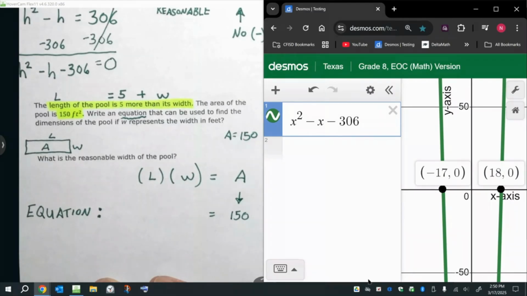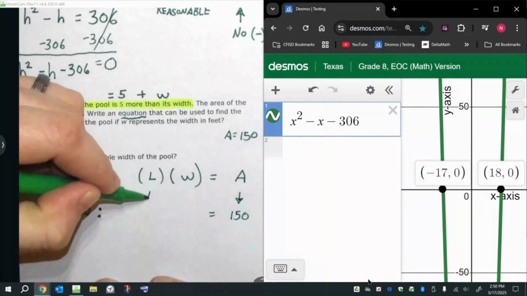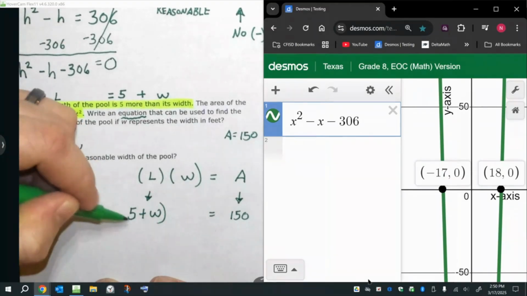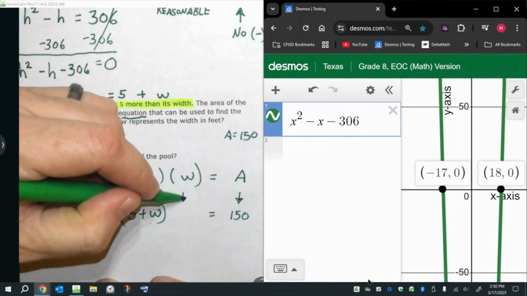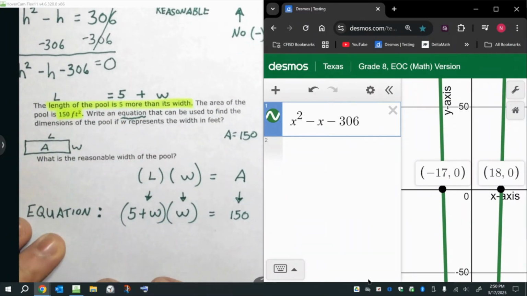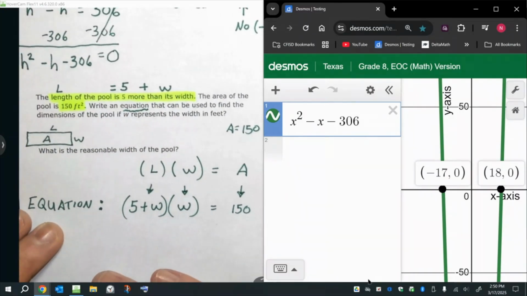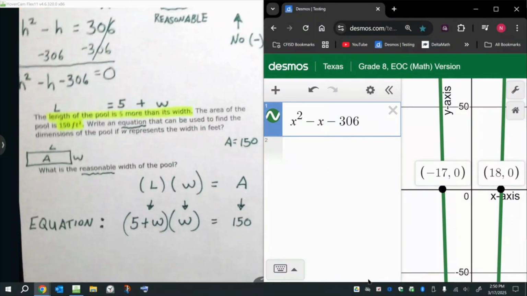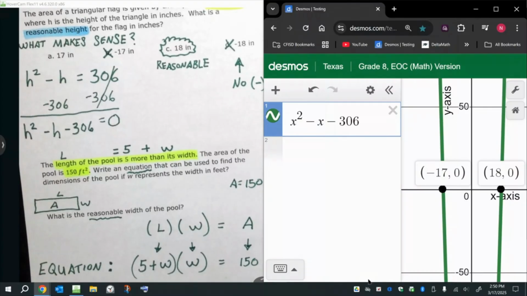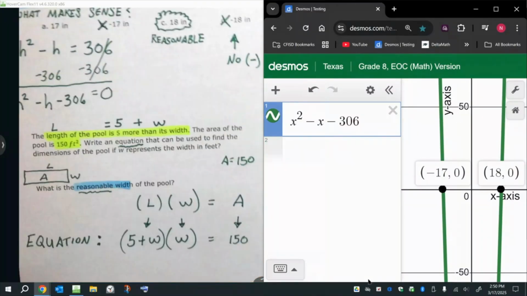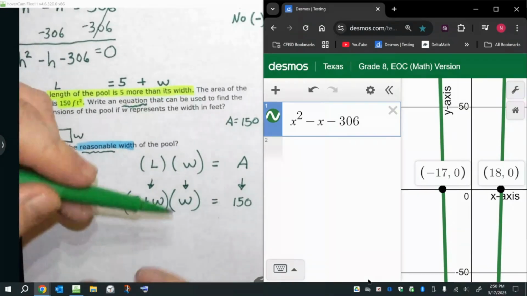We know that the length is 5 plus W, and the width, we don't know. It's just going to be W for now. So that's my equation. Now, if I want to find a reasonable width of the pool like we did earlier, then I need something that's not negative.